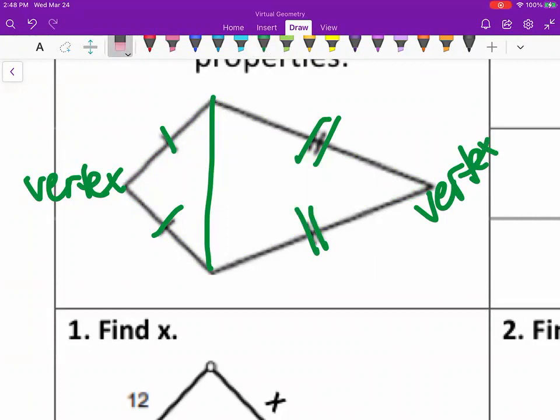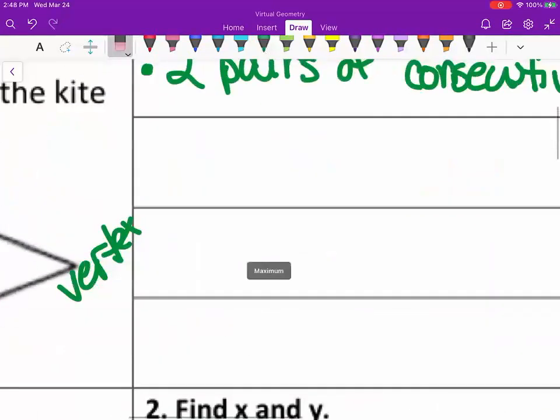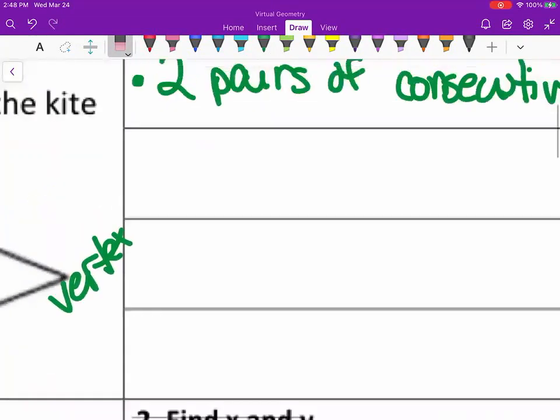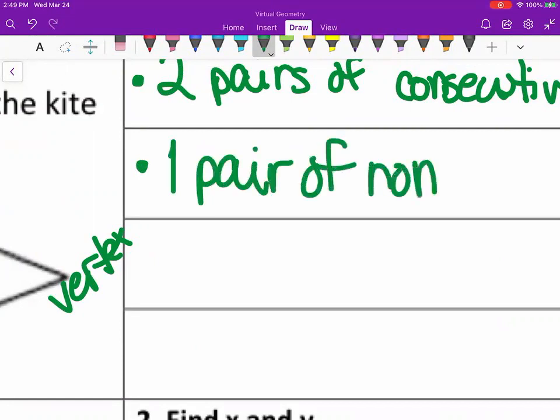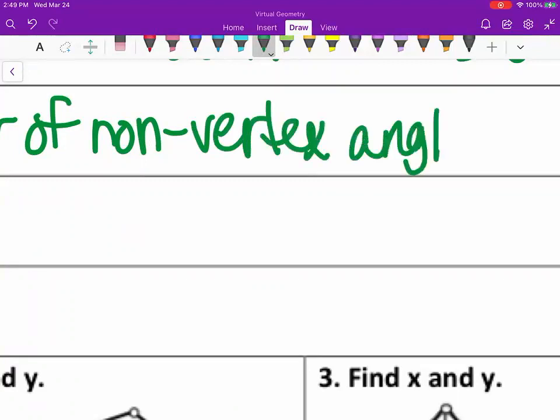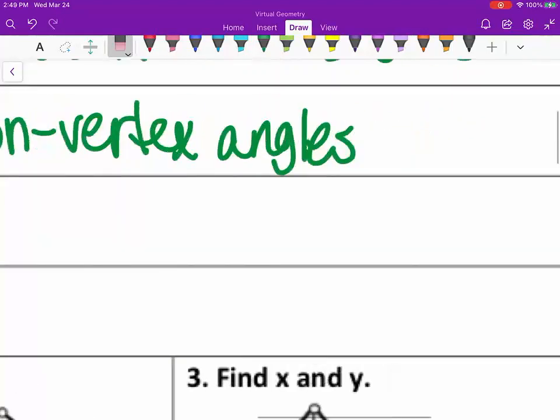So now that we have an idea of what's going on in our isosceles triangles, let's look at some of those other properties. Because it is part of isosceles triangles, we've got some things congruent here, but it's not the same angles that you would think. In a kite, we have one pair of non-vertex angles that are congruent.